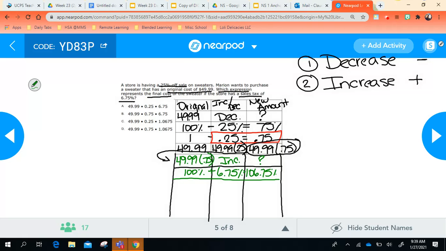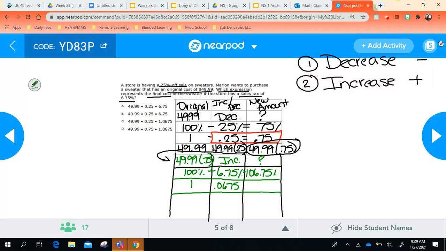Now, what is 100% as a decimal? 1. Now, what is 6.75 as a decimal? 0.0675.